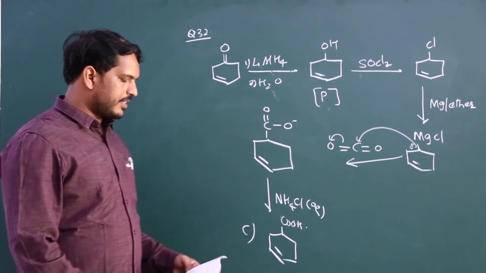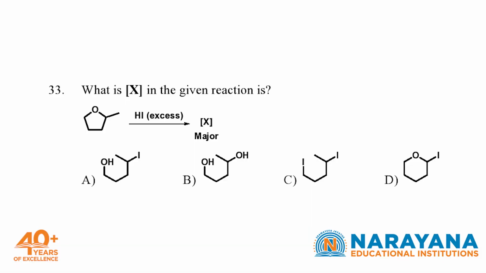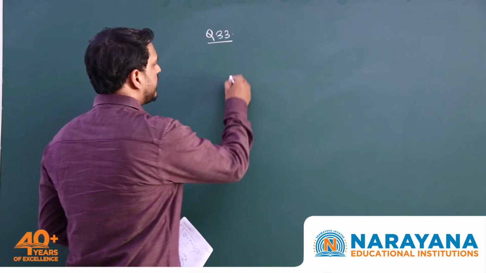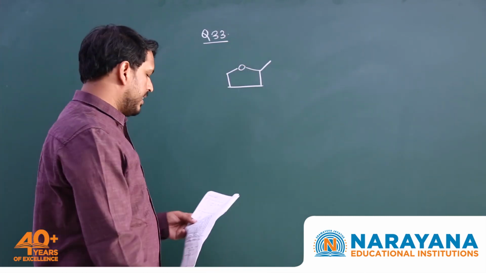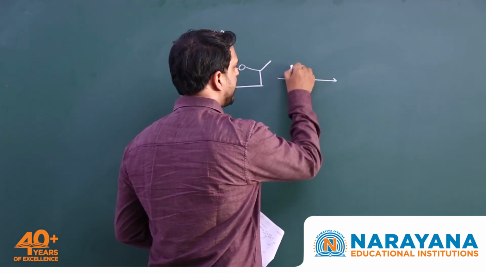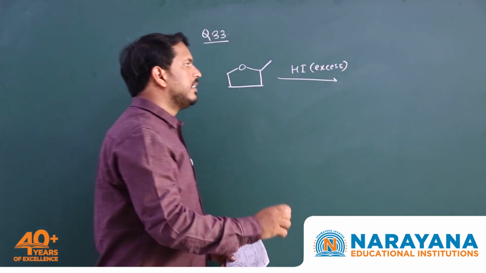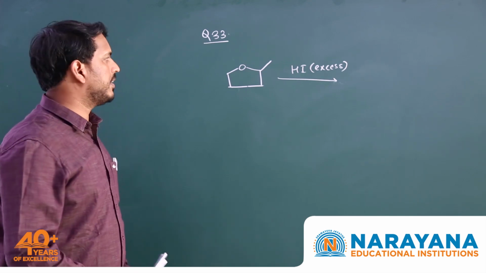Next we will move to question number 33. In this question, product X is asked to be identified. Here a cyclic ether is given, and it is reacted with excess HI. This is the ether cleavage with HI, which is used in excess.